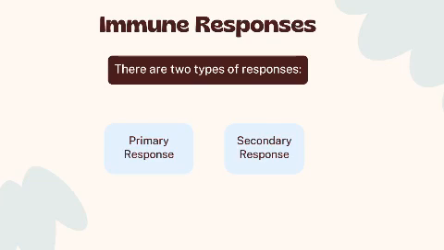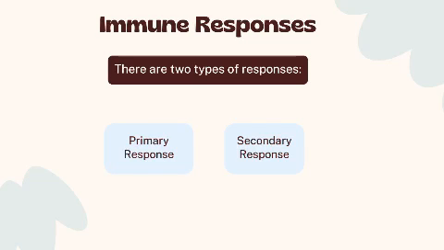The lag phase is a time period in which antibodies are produced against a particular agent. In the primary response, the lag phase is long. Sometimes the lag phase can be as long as weeks or months.